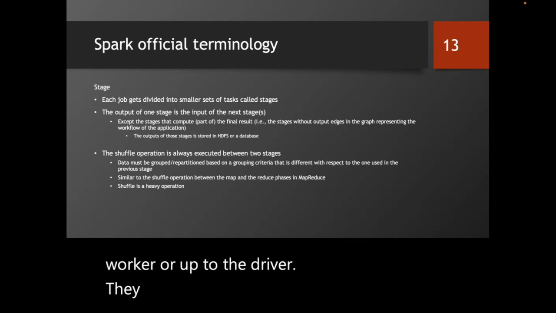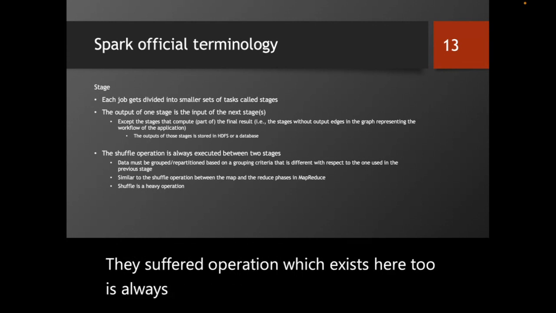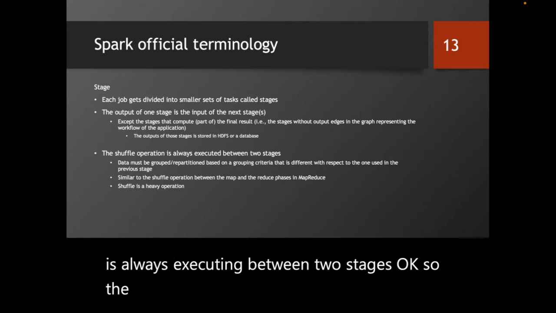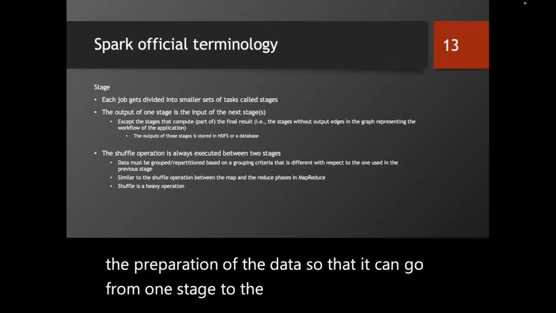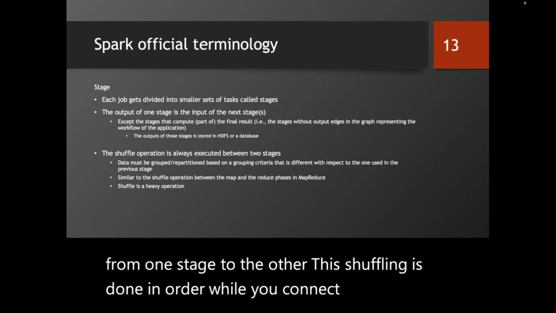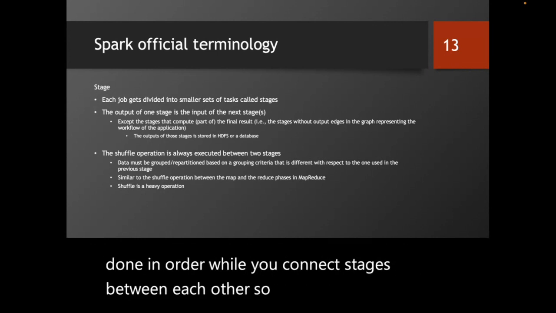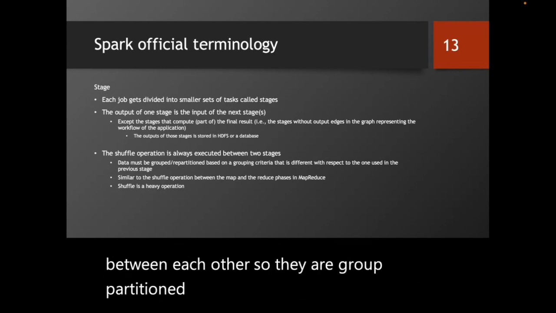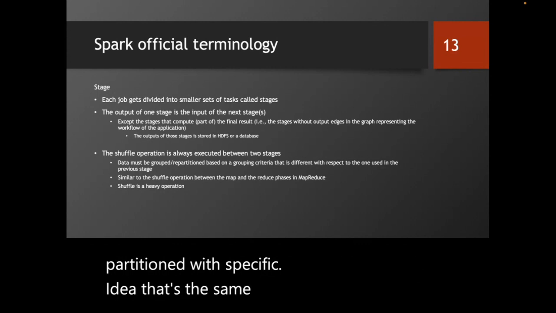The shuffle operation is always executed between two stages. This is the preparation of the data so that it can go from one stage to the other, done while you connect stages with each other. The data are grouped and partitioned with specific criteria, the same as we have studied in the Hadoop setting.